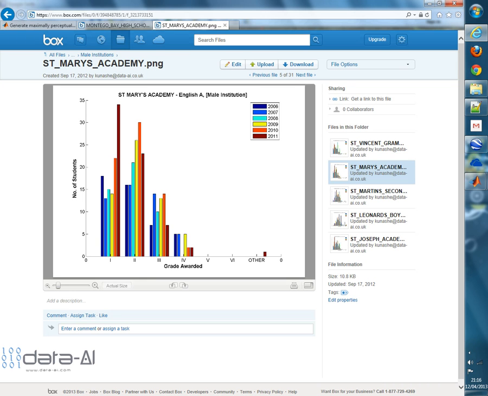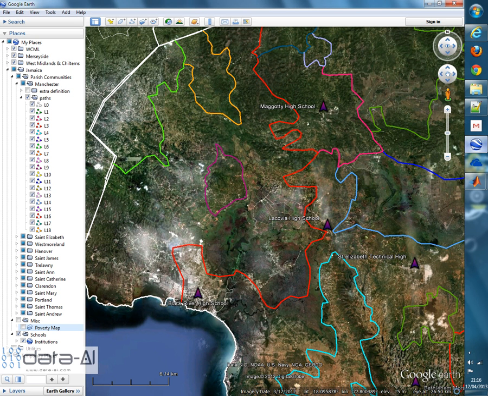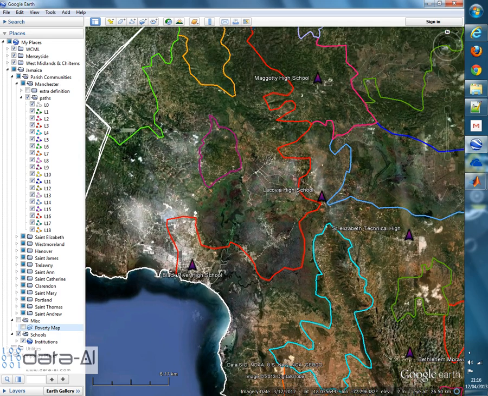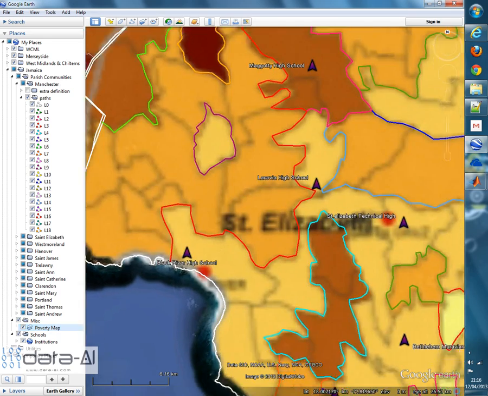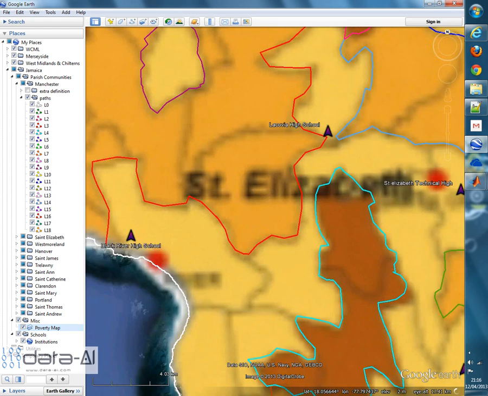So what would happen if these particular grades and schools were plotted on a map, and we could see whether or not where the school was located had some kind of impact on the type of performance that we were observing? So if we reselect base map, and we select on a particular school, right?